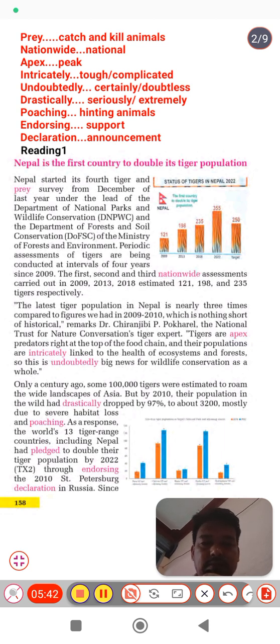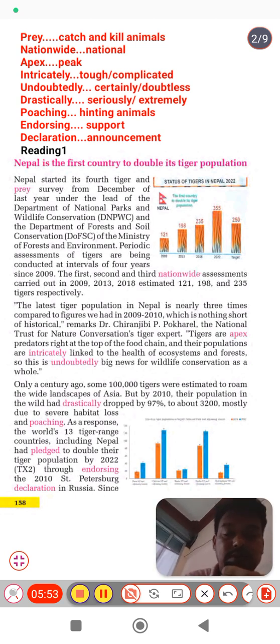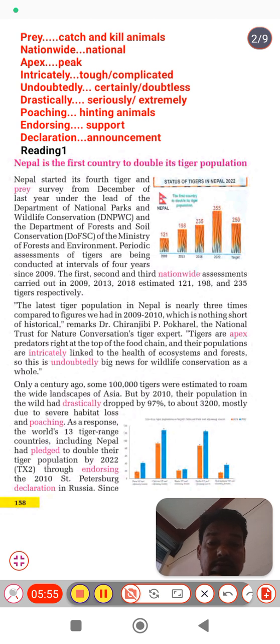According to the survey, the number of tigers respectively: in 2009 there were 121, in 2013 there were 198, and finally in 2018 there were 235 tigers.